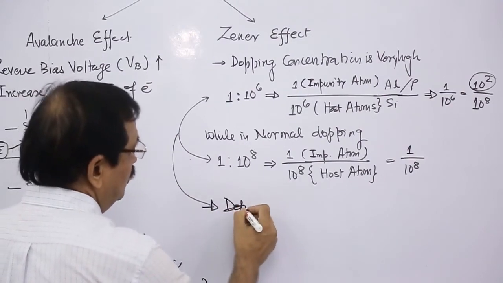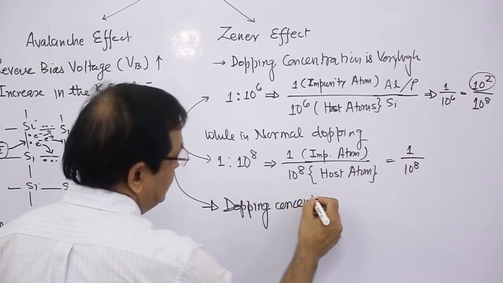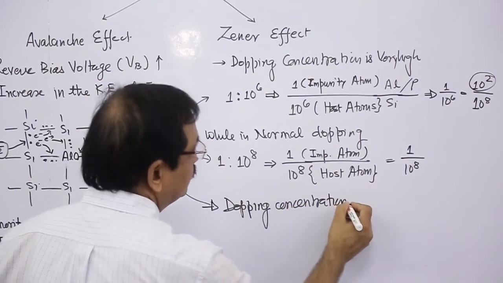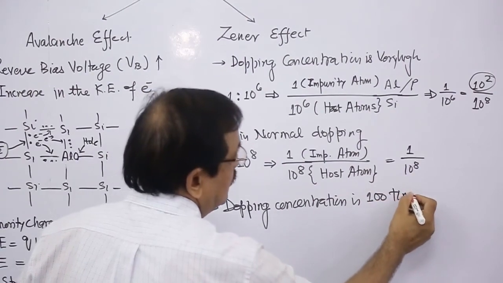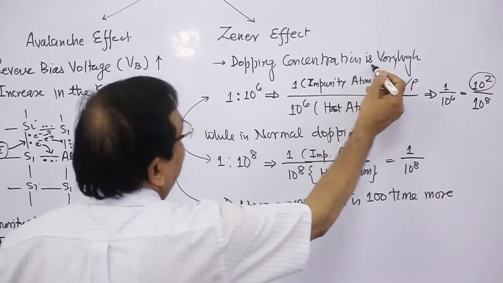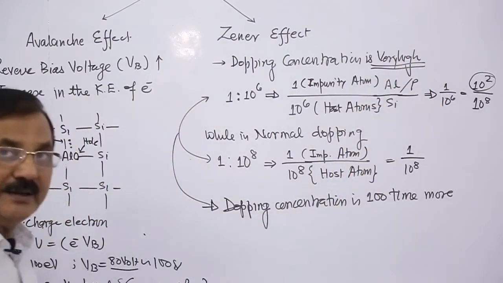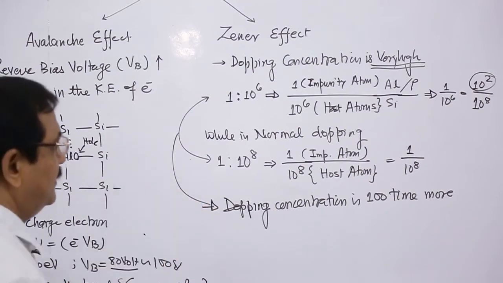That is, doping concentration is 100 times more, and that is why it is called very high doping. 100 times more is very high doping. So, what is the impact?